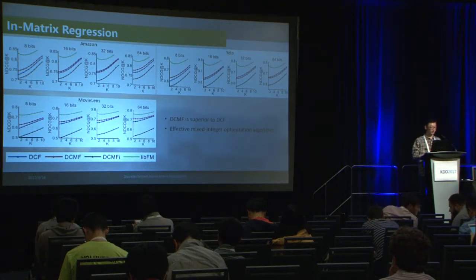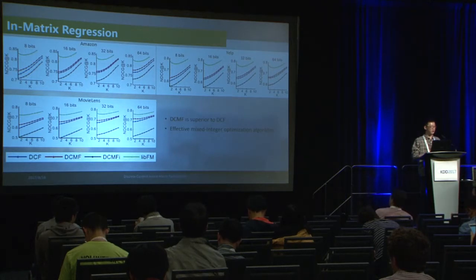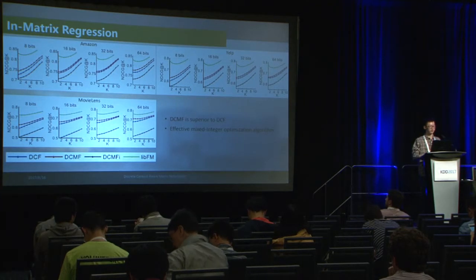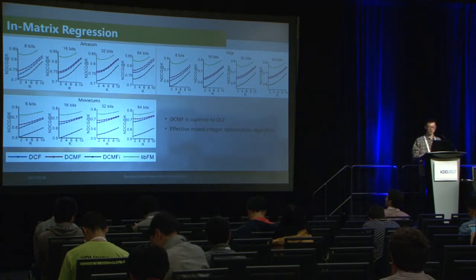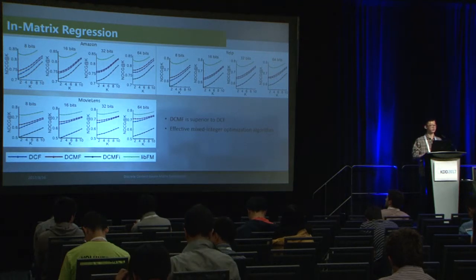Also, this black line indicates DCMFI, which is the initialization result of DCMF. By comparing the red line with the black line, we can see it demonstrates the effectiveness of the mixed integer optimization algorithm.